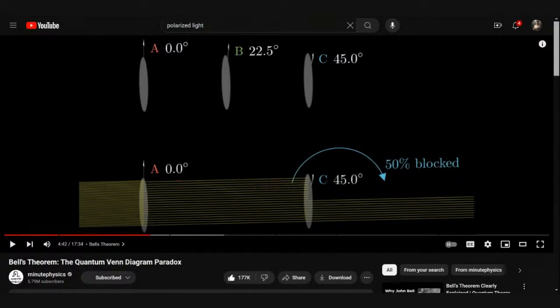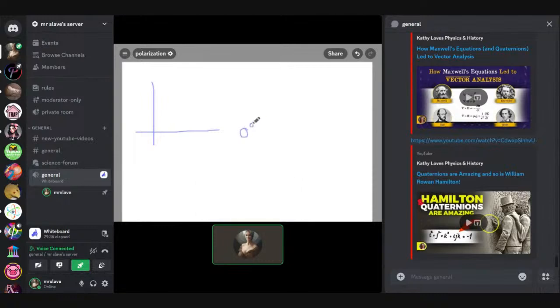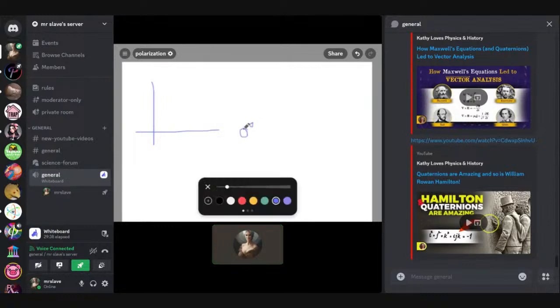So I was about to look at this. At 0 degrees, this is the graph for 0 degrees. This is the filter, the direction of the filter, 0 degrees. Okay, incoming light.